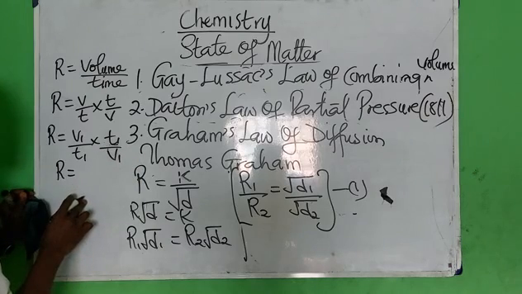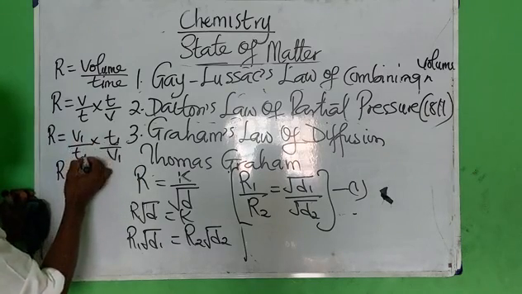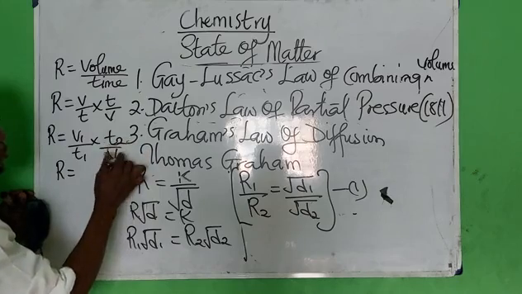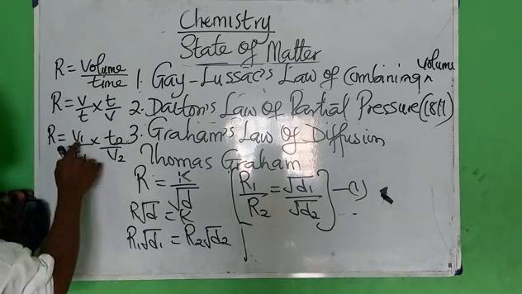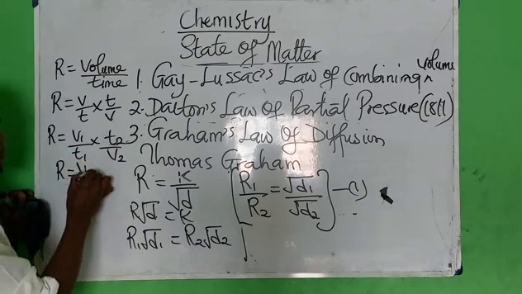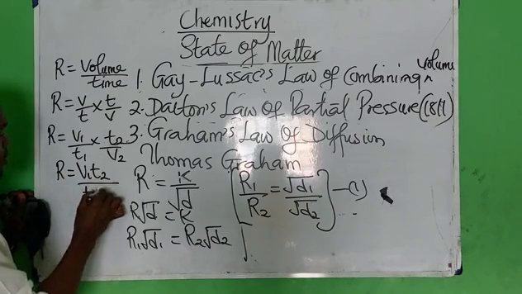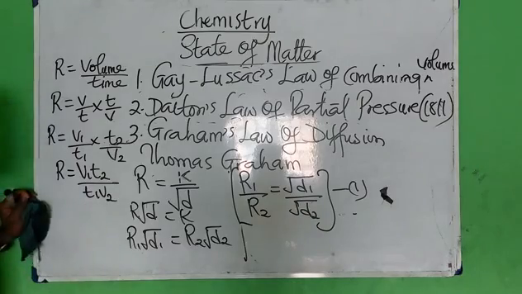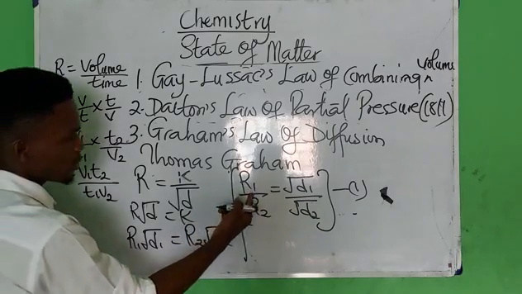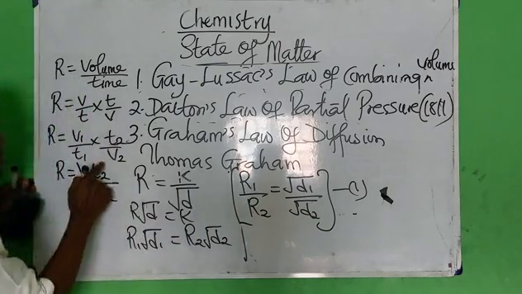It means that V1 T1, then T2 V2. Right, so V1 times this, so that's V1 T2 over T1 V2. Which means that in place of this arrow and this, I'll just put this.